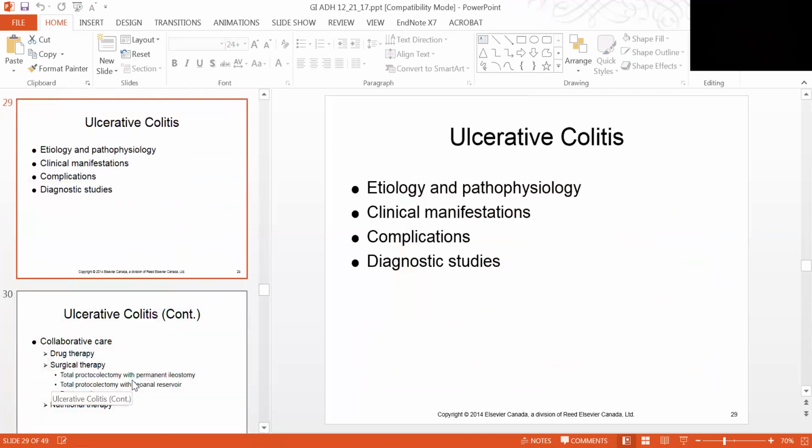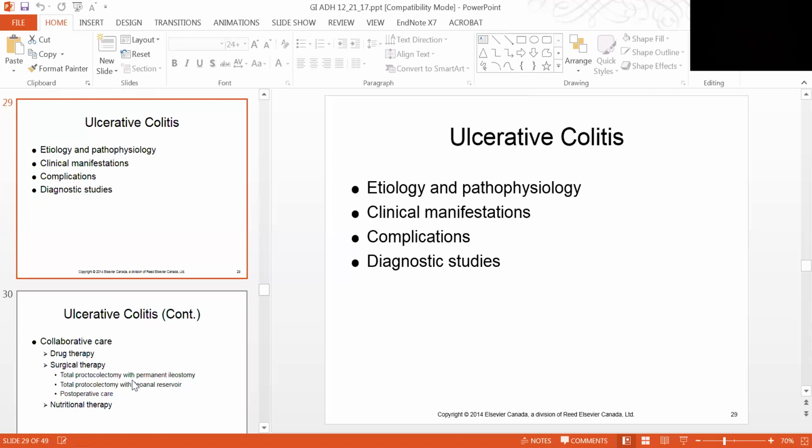Just to give you a picture of what you're looking at, with ulcerative colitis, as I mentioned, it's an inflammatory process, and it starts with bloody stool, bloody diarrhea, and abdominal pain, maybe a little bit of cramping initially.